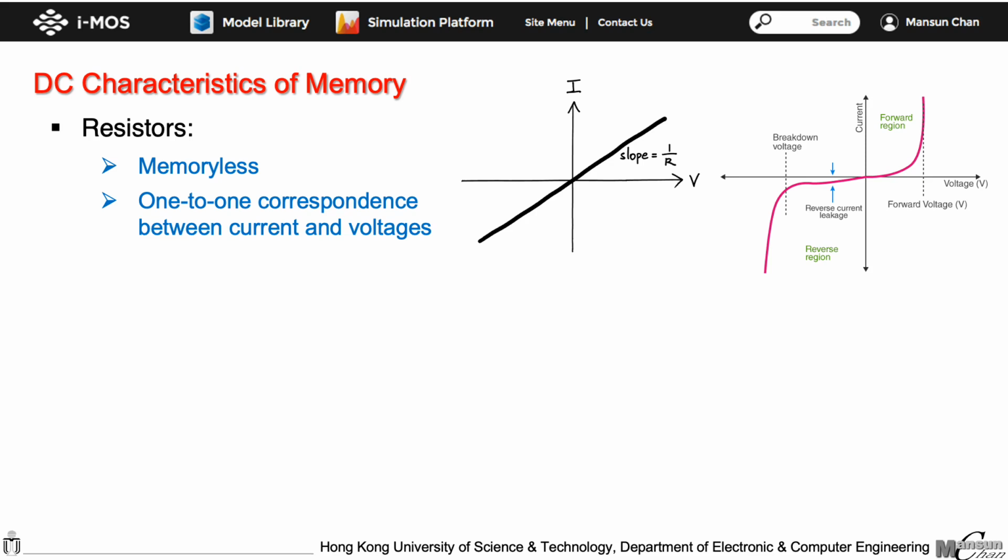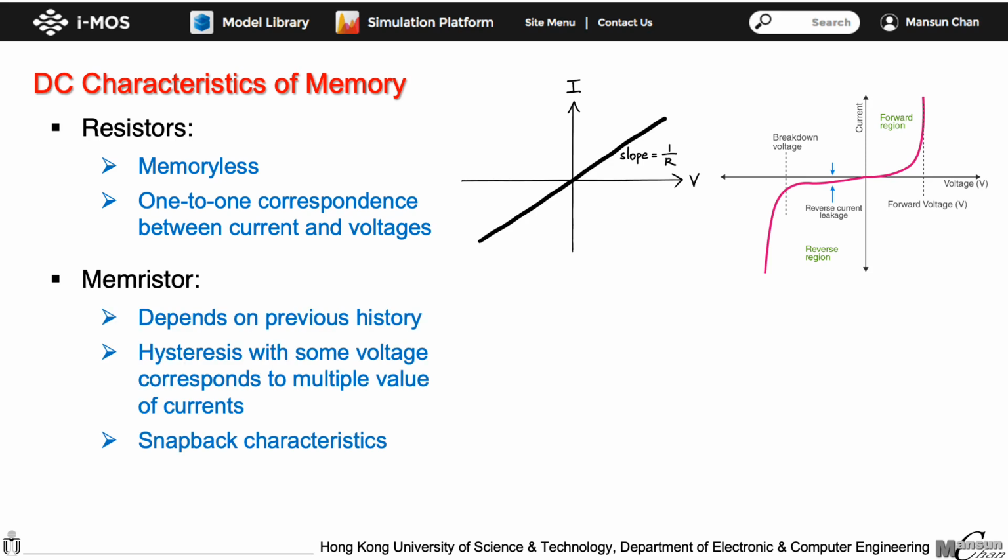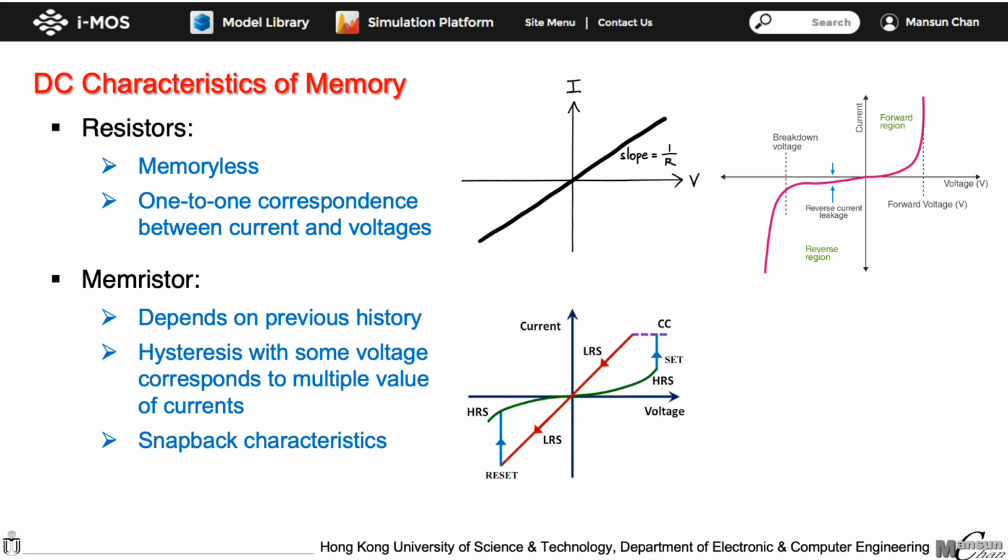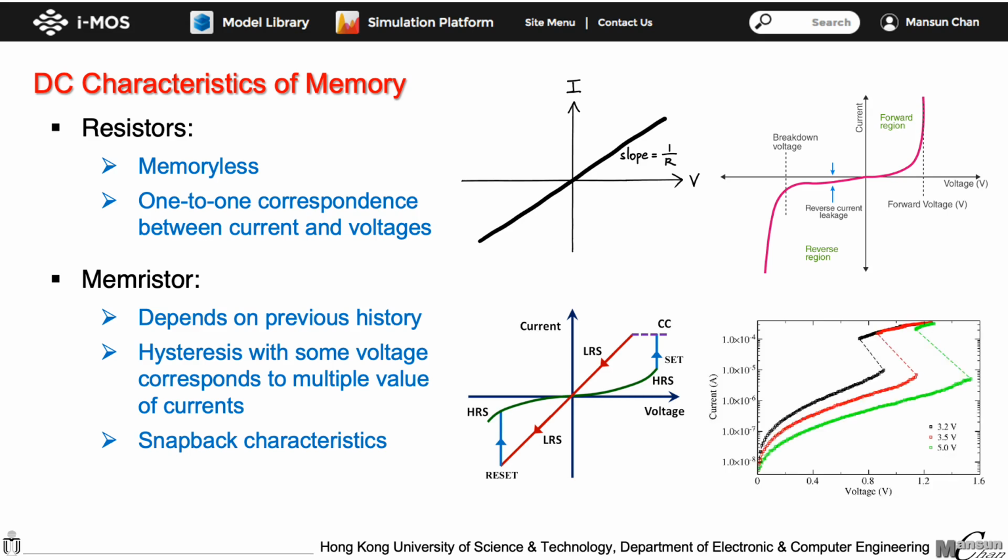For a two-terminal memory device that we often call a memristor, the current is not only dependent on the current voltage input, but also the previous history. It leads to common behavior like hysteresis that characterizes the different memory states and the switching between the different states after reaching a critical voltage. In some cases, like flash memory, snapback characteristics may also be observed. These kinds of behaviors do not appear in traditional devices.